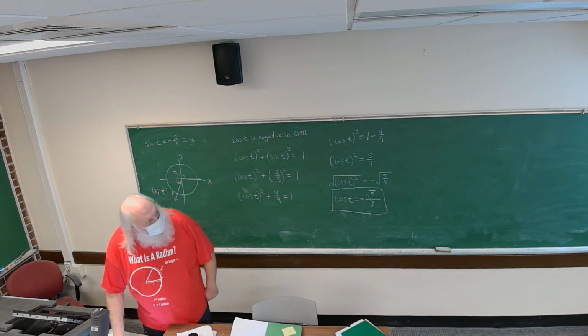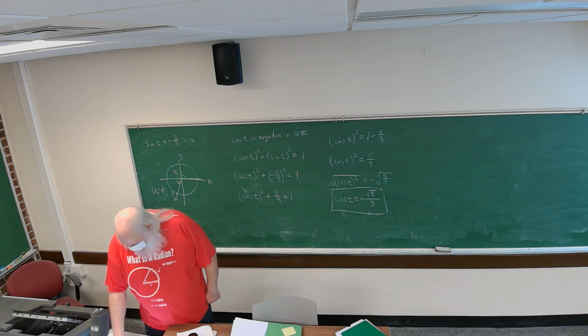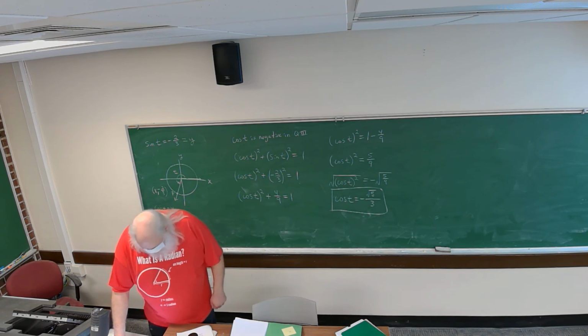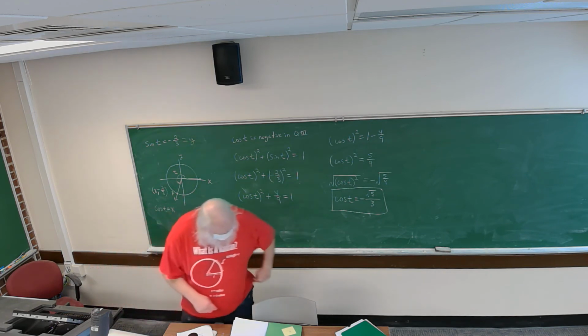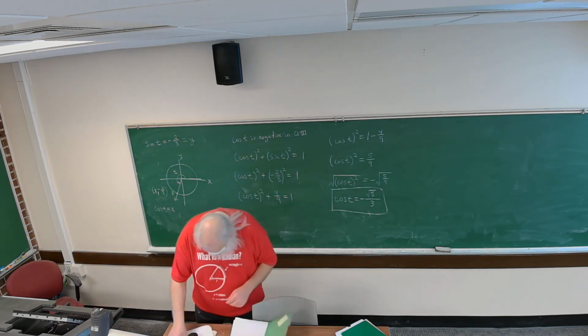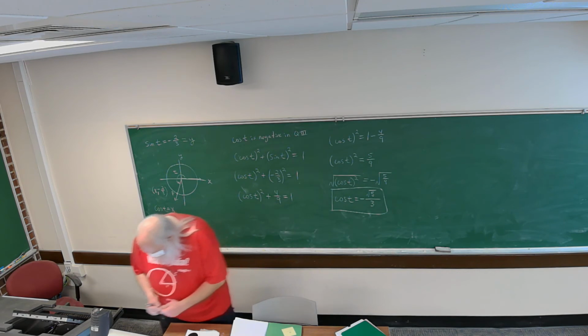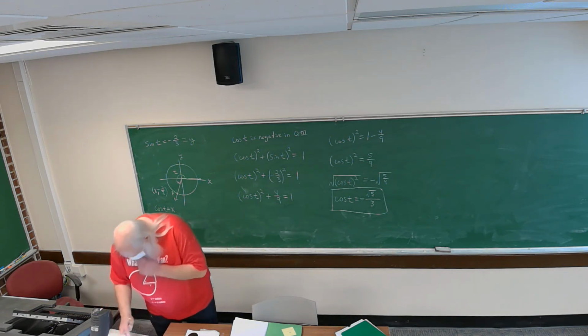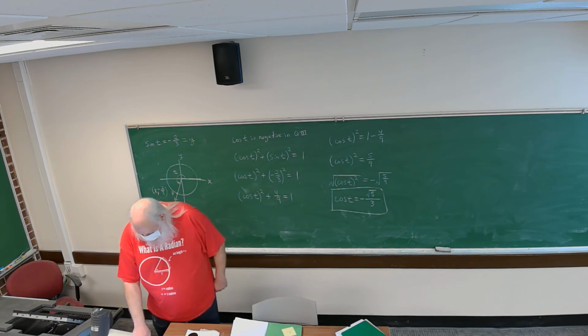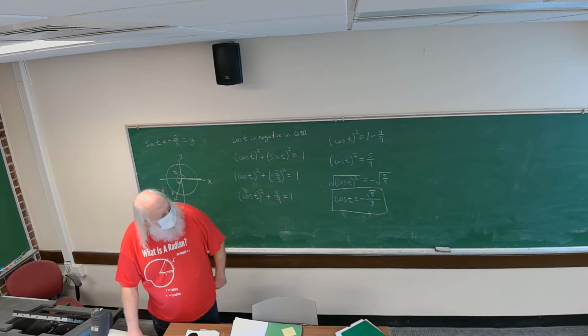So how you read this is the cosine of 30 degrees is equal to square root of 3 over 2, because remember, the first coordinate of the point is the x coordinate, and the second coordinate of the point is the y coordinate. And cosine of the angle t is equal to the x coordinate, and sine of the angle t is equal to the y coordinate.